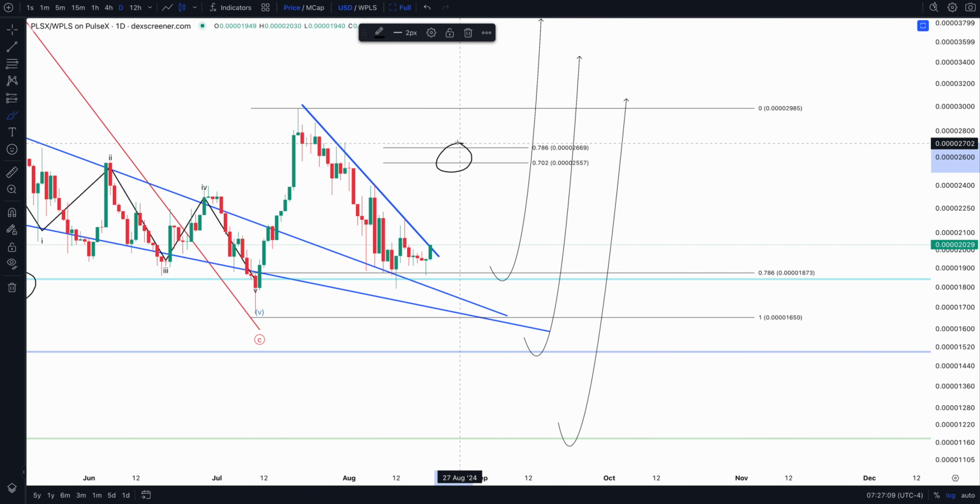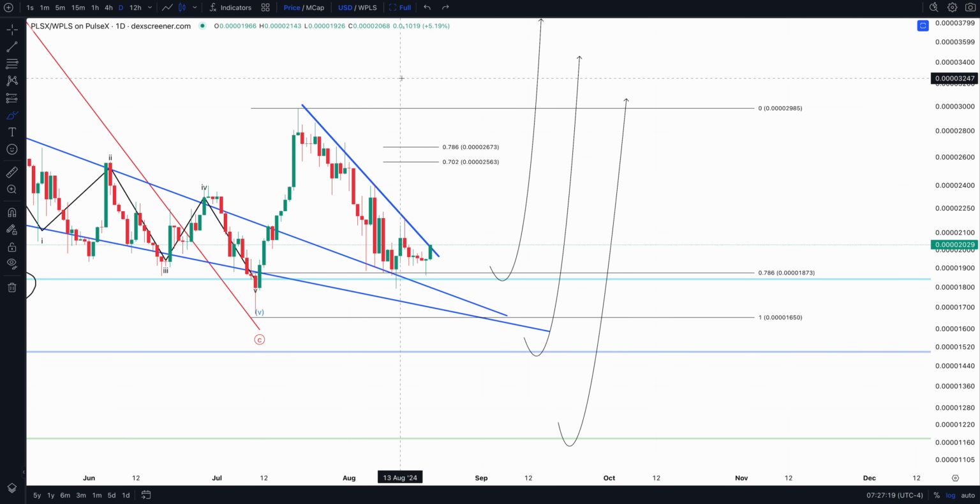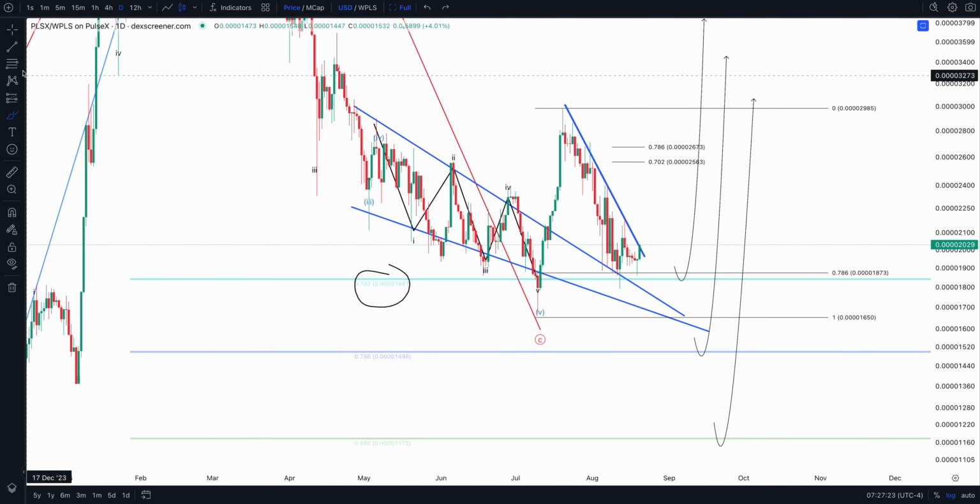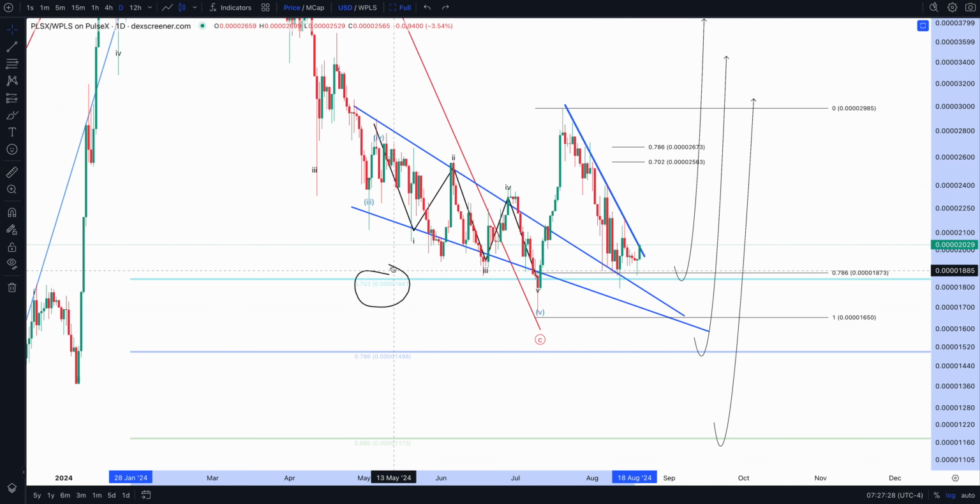Okay, this region right here, so we can confirm more upside. Otherwise, we'll come down towards these lower fibs. But either way, I still do think that we're very close to a bottom here, if not now, right? So this is PulseX, looks very nice.